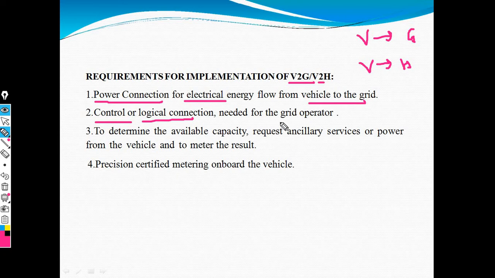We also require a control logical connection between the vehicle to grid system and the vehicle to home system, and a grid operator. We need to determine the capacity of the power flow using the vehicle to grid system. We also require smart meter controlling for the implementation of the vehicle to grid system and vehicle to home system. Now these are the very important requirements for the implementation of the vehicle to grid system and vehicle to home system.